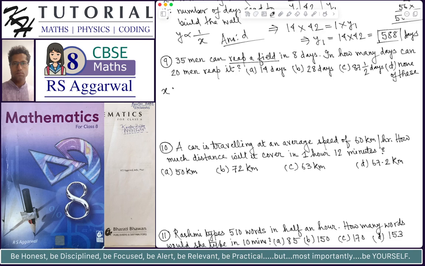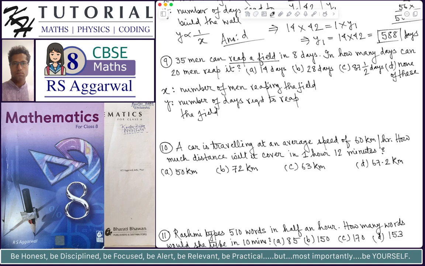So let's say x be the number of men reaping the field, and y be the number of days required to reap the field.